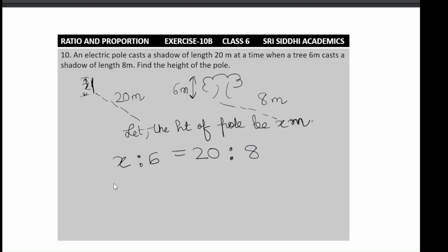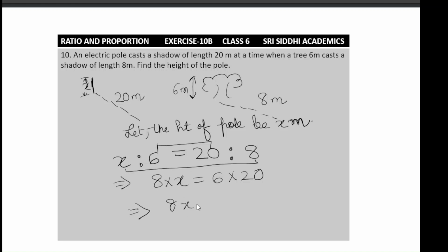So now again same thing we will do. We will multiply the extremes and multiply the means, make an equation and equate both of them. So 8 multiplied with x and 6 multiplied with 20. Just don't solve 6 multiplied by 20; we'll remove the common factors. 8 multiplied by x is 8x. 8x is 6 multiplied by 20.